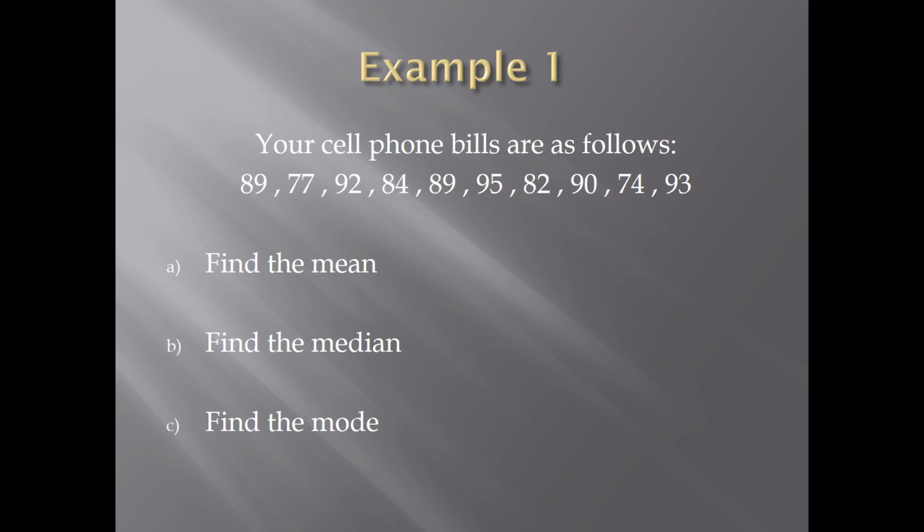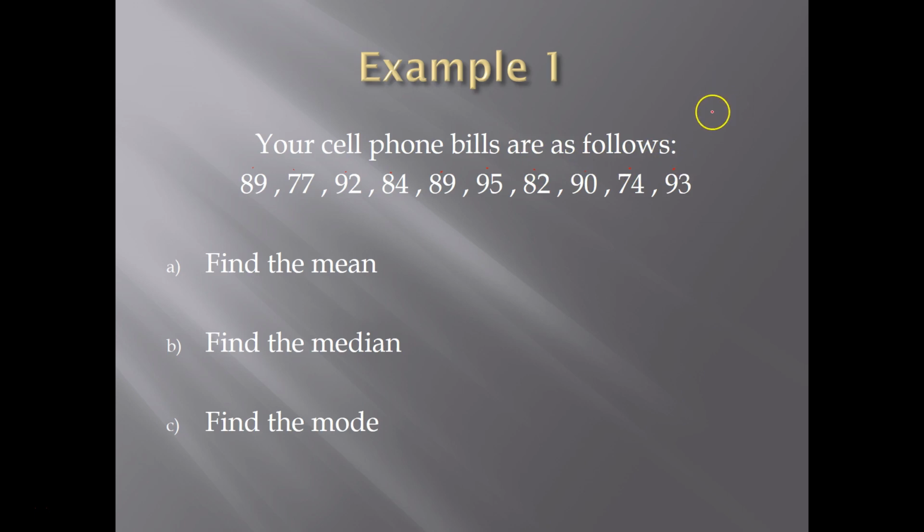All right, so the mean is the average. The way you find any average, any mean, like I said in the previous slide, is you take all your data, in this case all those numbers, and add them together, find the sum, and then divide by the number of data values you have. If you count these, you have 1, 2, 3, 4, 5, 6, 7, 8, 9, 10 data values.